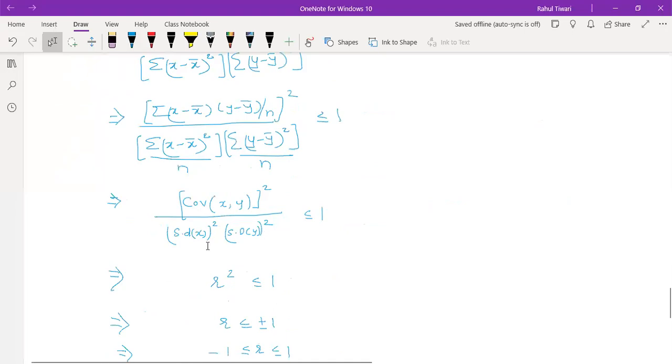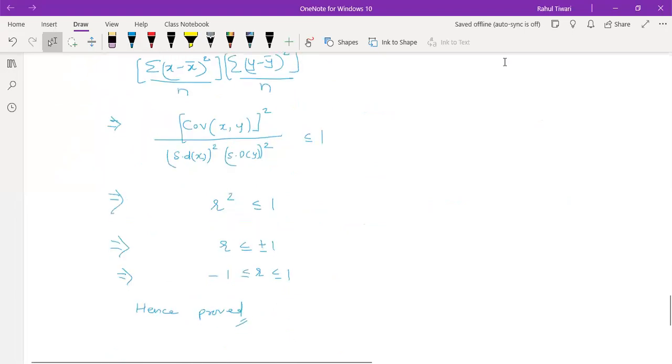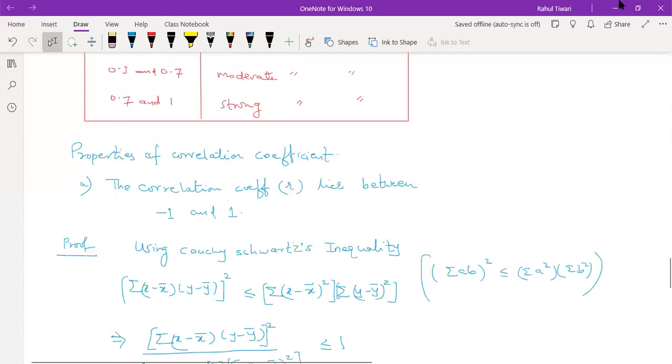Since everywhere we have a square, I can write r square less than or equal to 1, and hence I can prove it. Correct? Hence the first property has been proved. Any question in the first property? Let's go ahead with the next property.